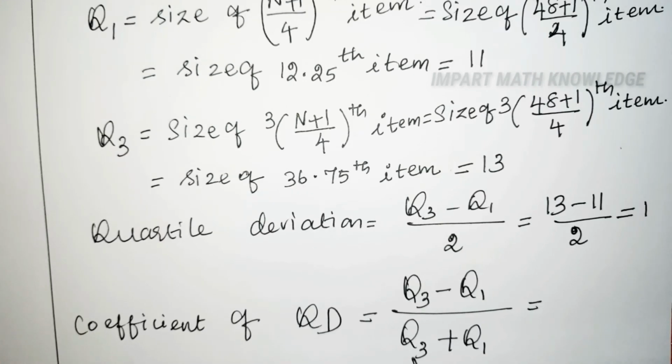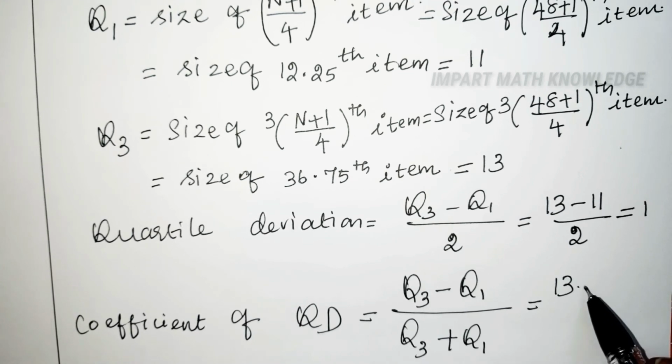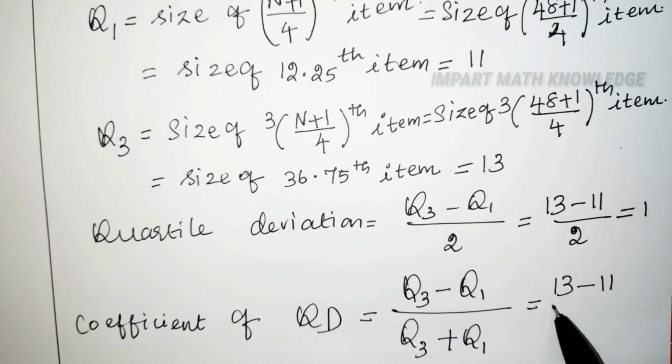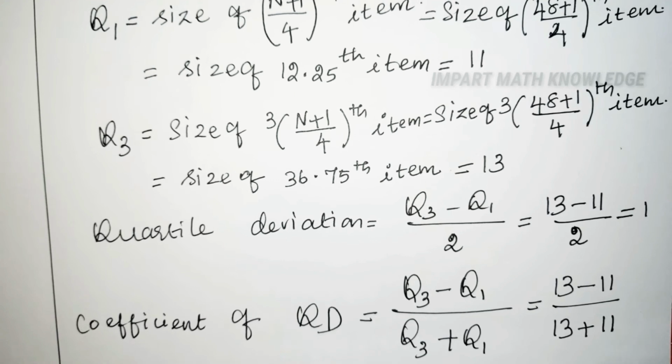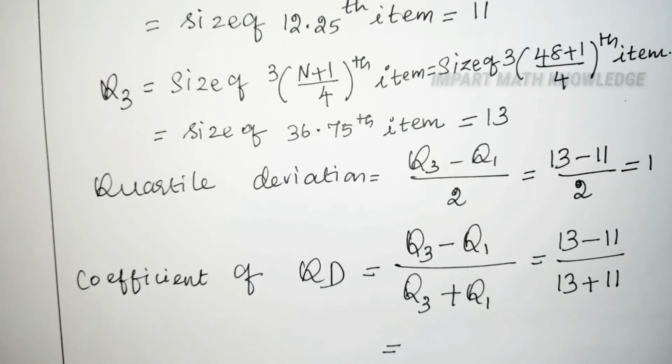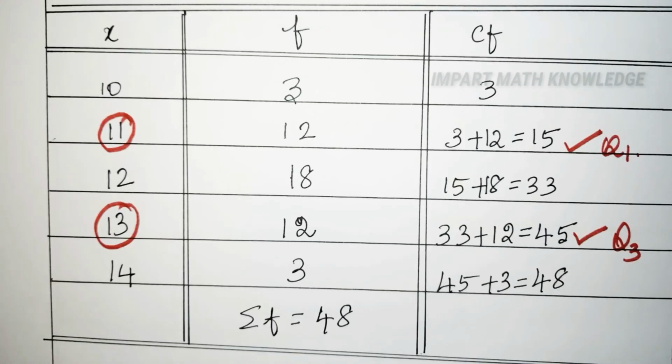Coefficient of quartile deviation is Q3 minus Q1 divided by Q3 plus Q1. Q3 is equal to 13, Q1 is 11, divided by 13 plus 11. This is equal to 0.083.